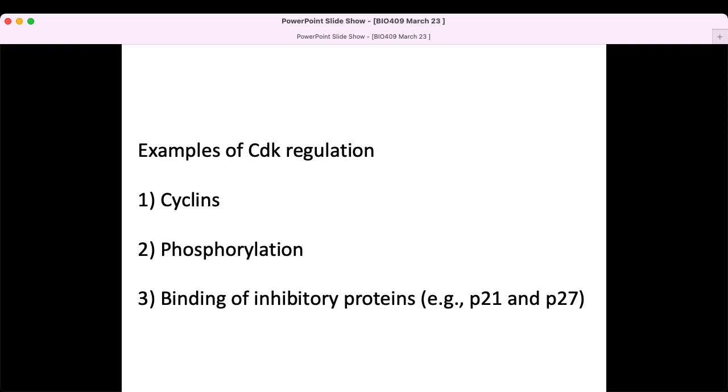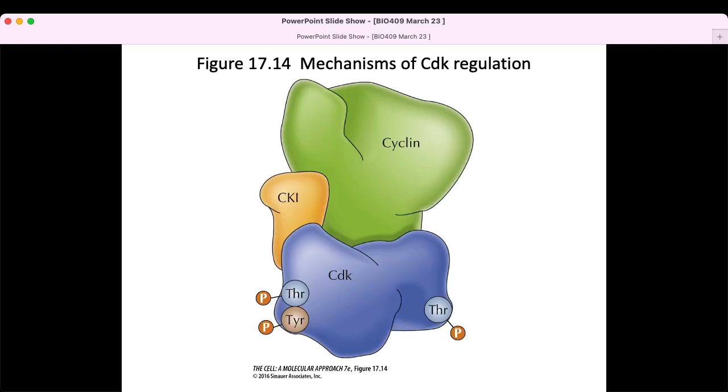Okay. Yes, Ellie. So would you say you need cyclin present, phosphorylation, and no inhibitory proteins to be able to activate CDK? I think the way to say it would be that this is called a cyclin-dependent kinase.